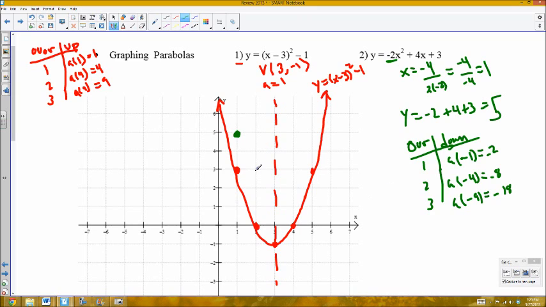So from here, I go over 1, down 2, over 2, down 8. That's 2, 4, 6, 8. And over 3, down 18 will be too far for this graph.